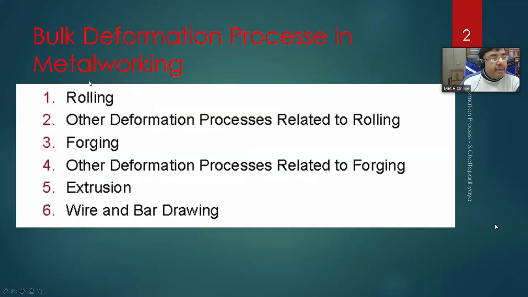So what are the processes here? Rolling and other deformation processes related to rolling. Sometimes we do other accessory processes of rolling, then forging and other deformation processes related to forging, extrusion, and drawing. These four things are very important that you know. Even in first year classes, I discussed at length rolling, forging, extrusion, and drawing.